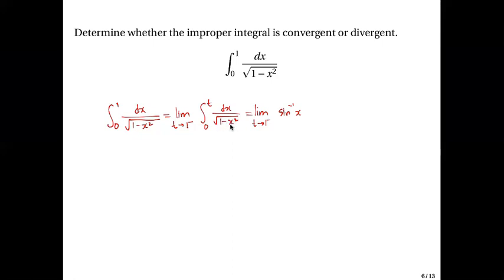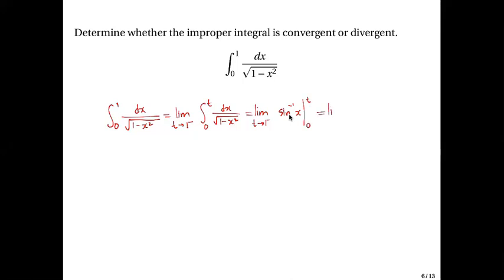Then the denominator becomes cosine theta, so you cancel the cosine in the numerator and denominator. You just get the integral of d theta, which gives you sine inverse. And here we evaluate from 0 to t.